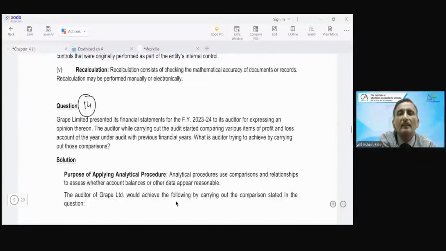Question number 14. Plain simple. The auditor is comparing various items of the profit and loss account of the year under audit with previous financial years. What is the auditor trying to achieve? So obviously the auditor is performing analytical procedures.